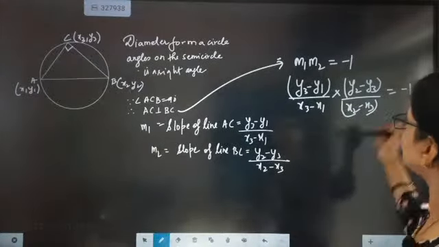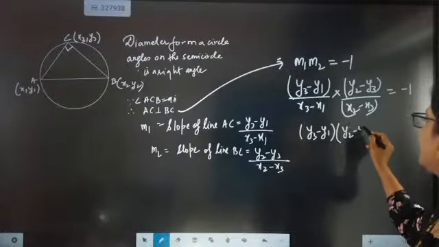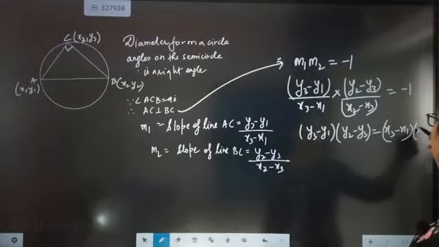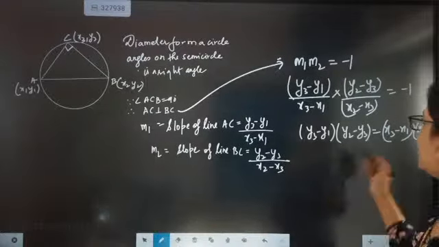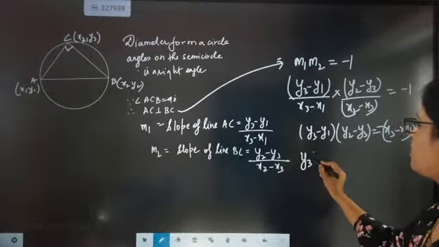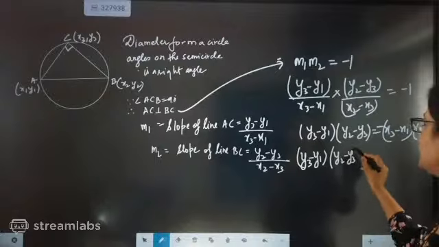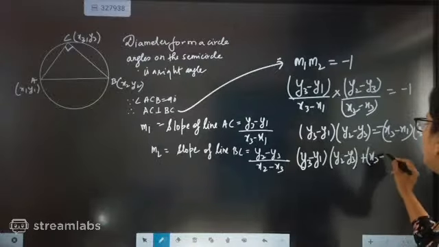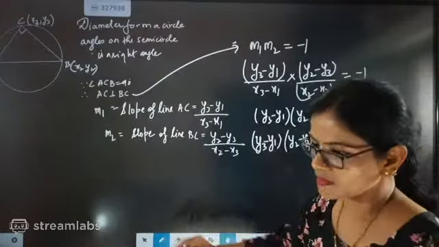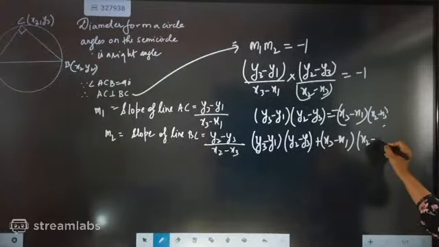Now shift this one that side. So y3 minus y1 times y2 minus y3 equals minus x3 minus x1 times x2 minus x3. Shifting this side, it will become y3 minus y1 times y2 minus y3 plus x3 minus x1 times x2 minus x3 equals 0.